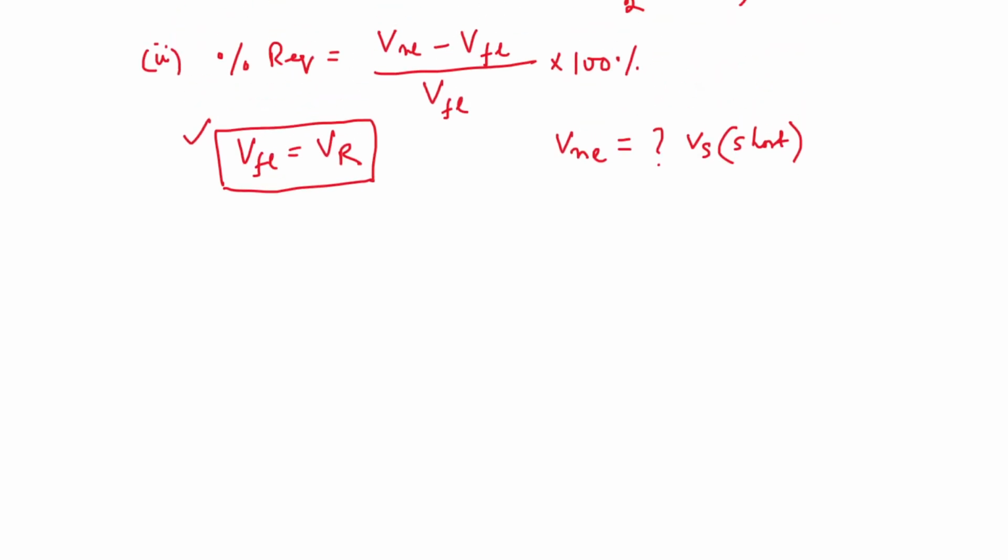So from the equation, you can say that Vs is equal to A VR plus B IR. That means no load means IR is equal to 0.